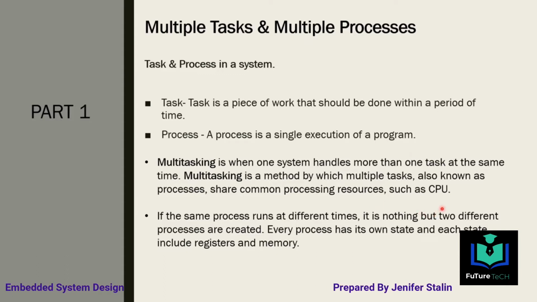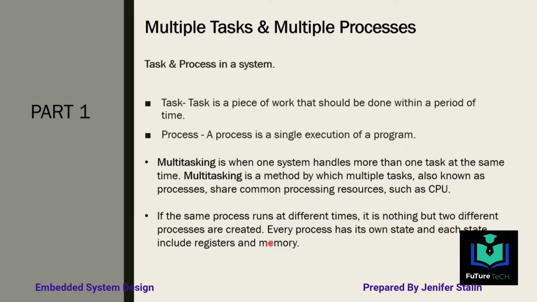It is nothing but a microprocessor. Okay, so a process means a single execution of a program, but if the same process runs at different times, it is nothing but two different processes are created.